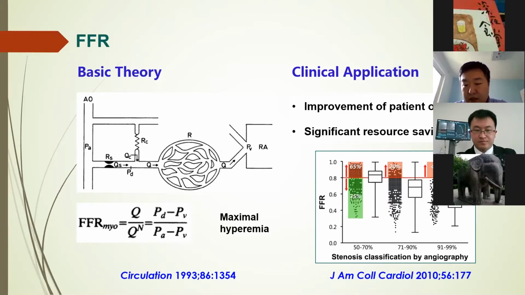Here PD is the mean pressure distal to the stenosis at maximal hyperemia. PA is the mean aortic pressure. PV is the venous pressure. In general, PV equals 0. In more than 25 years, there have been many clinical trials to validate the FFR.